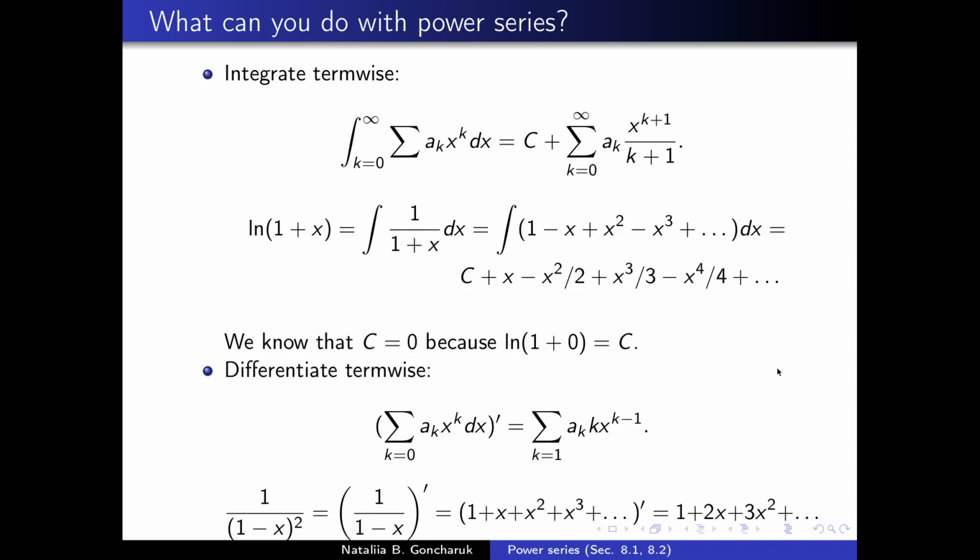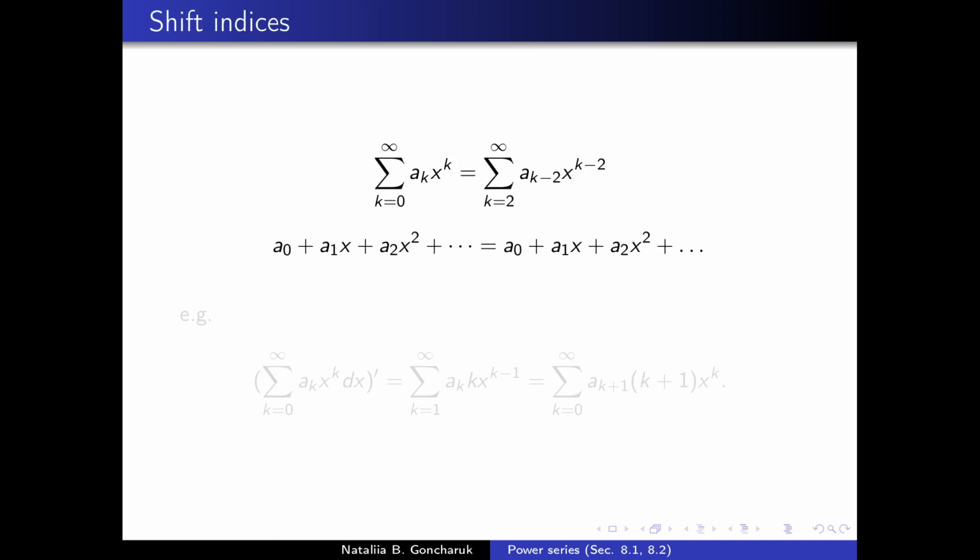The last thing we will need about power series is that you can shift indices. This is not a true operation, because if you ask me what happens with power series when you shift indices, the answer is nothing happens. So this is the formula. If you have any power series, you can shift the index k by 2 or any other positive number. You can just replace this k by k minus 2. So it means that you change your notation.